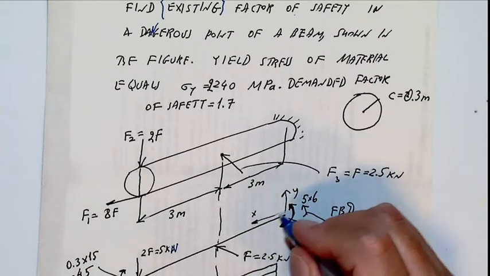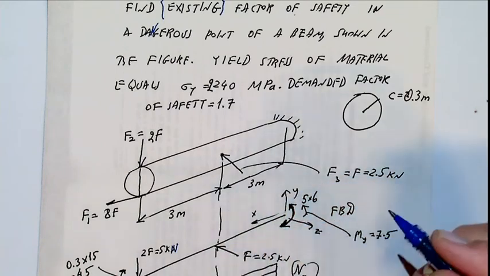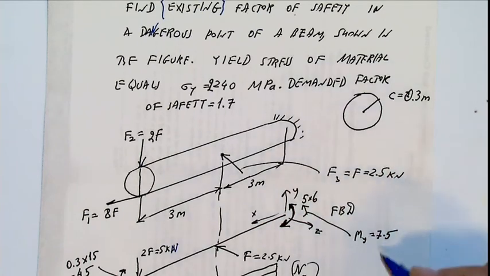Therefore, the bending moment reaction is 2.5 times 3, so that is 7.5.